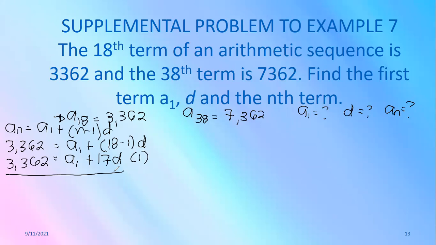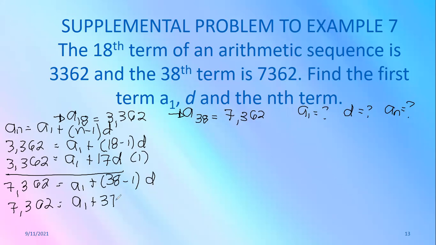Next, let's use this second given. So we have 7,362 equals a sub 1 plus 38 minus 1 multiplied by d. So 7,362 equals a sub 1 plus 37d. This will be your second equation.